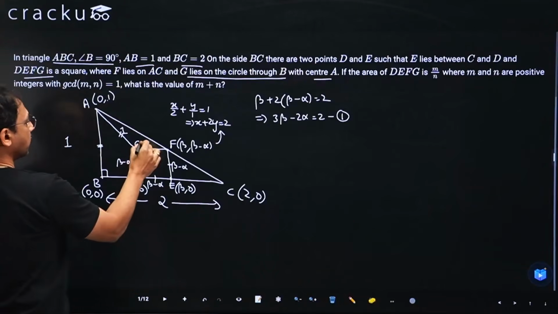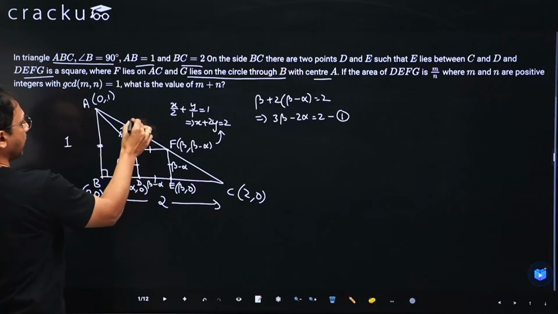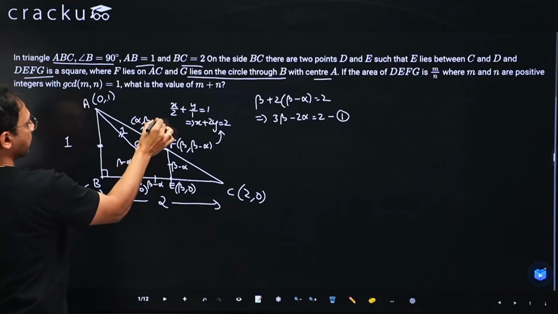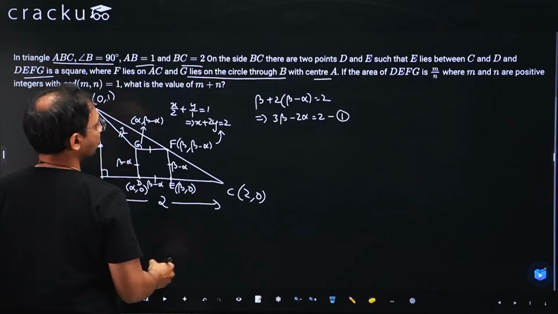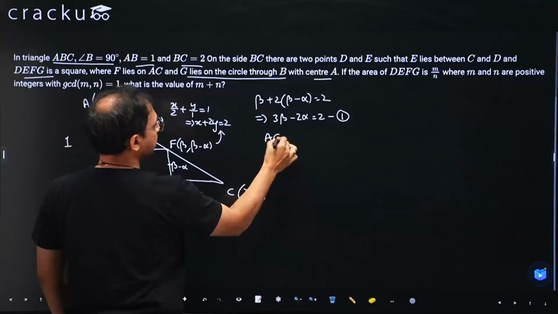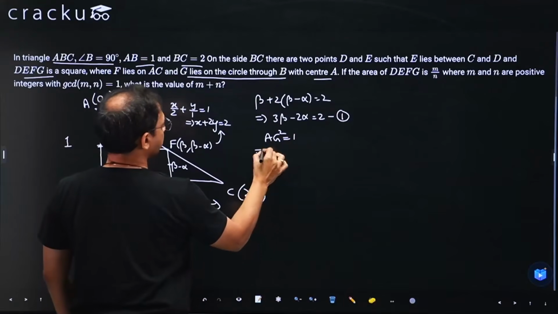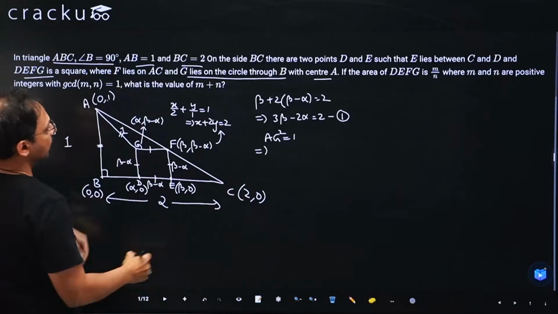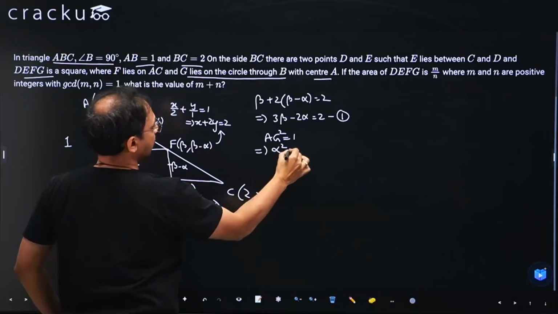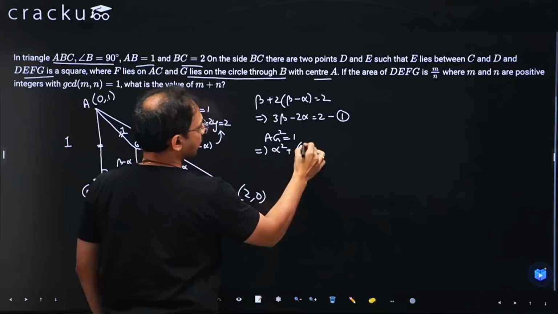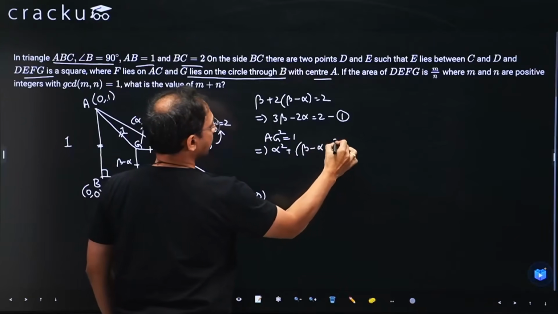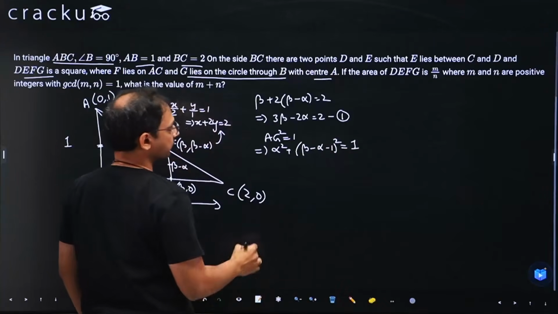Then similarly, G will be (alpha, beta minus alpha). This will be 1 unit from A. So we have AG square is equal to 1, or write the distance formula: alpha square plus beta minus alpha minus 1 whole square is equal to 1.